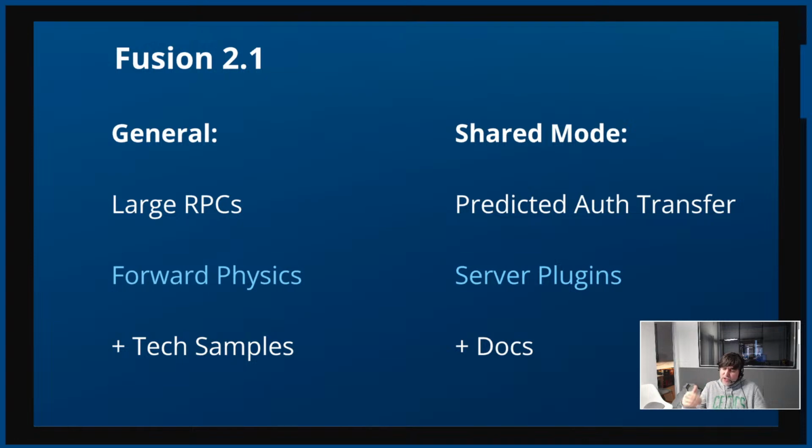State authority change request: when you request to become a state authority of a certain object, that is now locally predicted, and it works with a very reliable transactional model in that if it doesn't work, you receive a callback and it doesn't break your stuff. And if it does work, your local prediction was already in place, so you have a very seamless data flow and it doesn't glitch or anything like that.